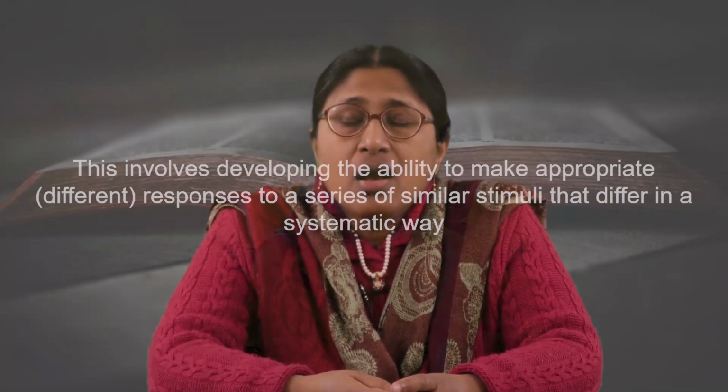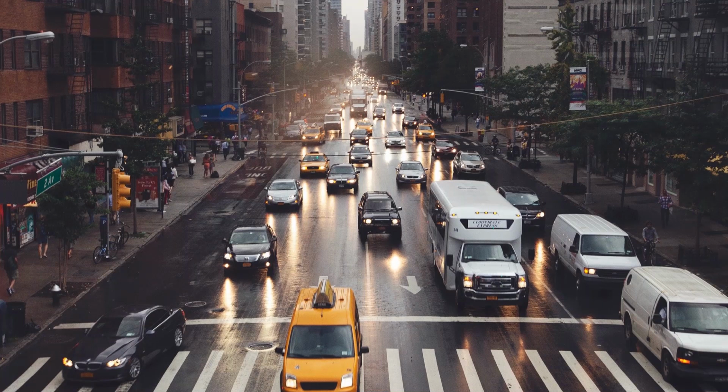So here we can see that there may be the same kind or categories of stimulus, but when the child is able to discriminate between the items, that is known as discrimination learning. For example, on the road we can see several types of cars going on.